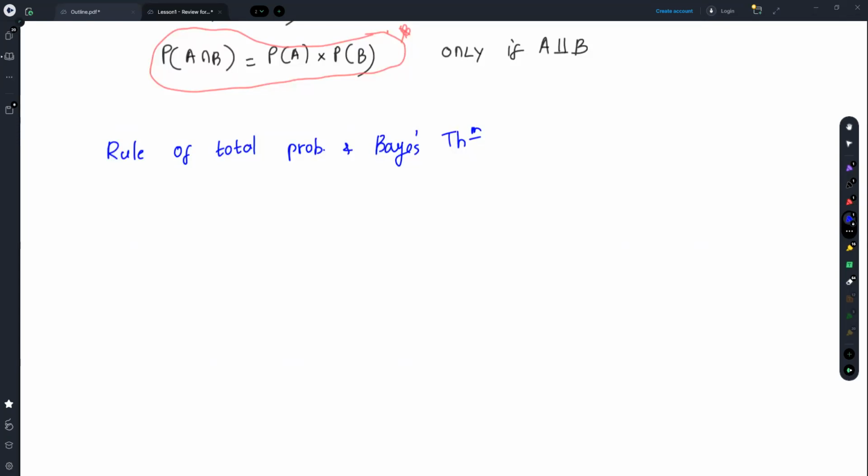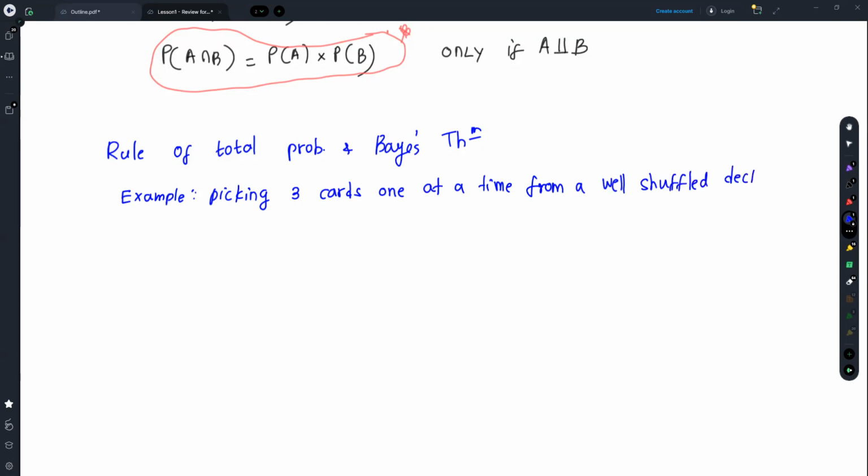So if you want to combine these two, I'll give you one example. Now let's go back to that example of picking 3 cards, one at a time, from a well shuffled deck of playing cards.